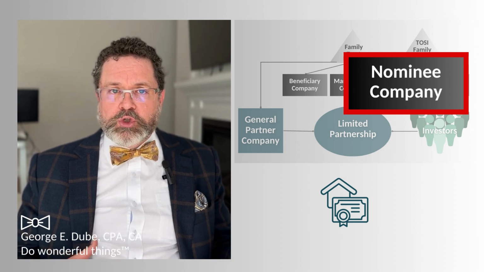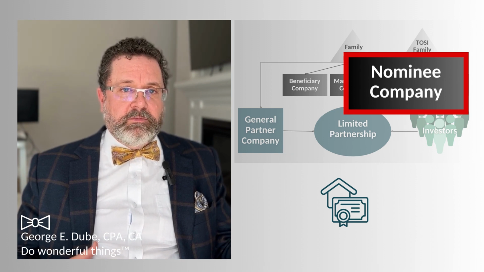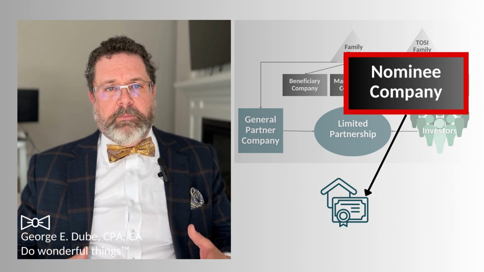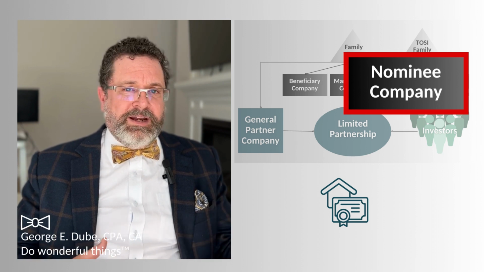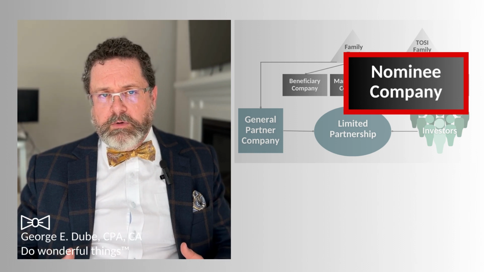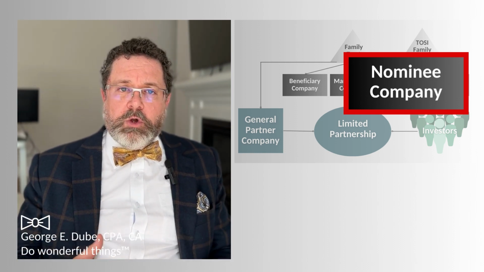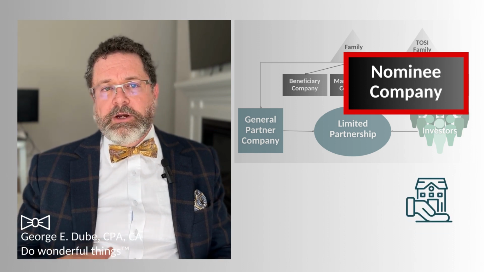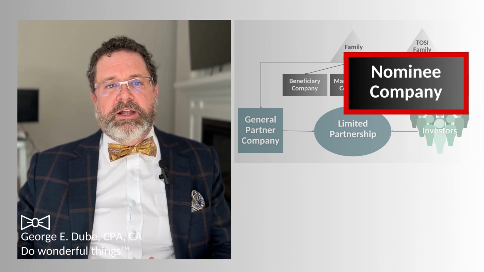And so it's usually going to be either the general partner, that corporation we discussed, or alternatively, a nominee corporation. And while from a tax perspective, I'm not aware of any difference, from a legal perspective, I've been told, and again, something to confirm with your legal team, that the nominee corporation may be of assistance from a land transfer tax perspective in terms of some possible transactions in the future.